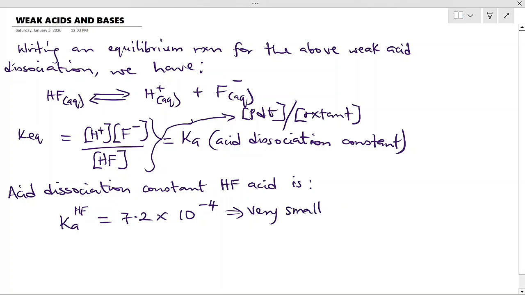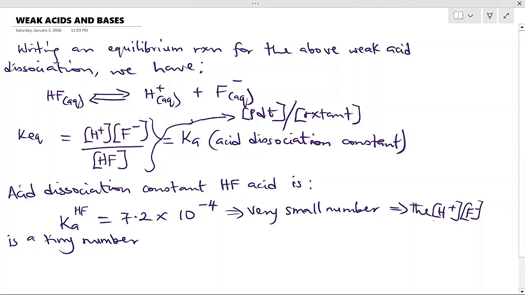It implies that the concentration of the H plus and F minus is a very tiny number.